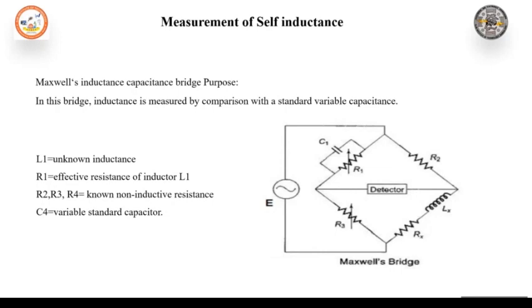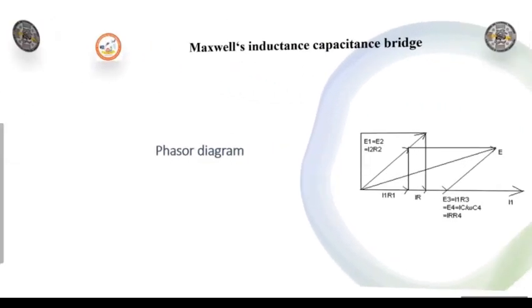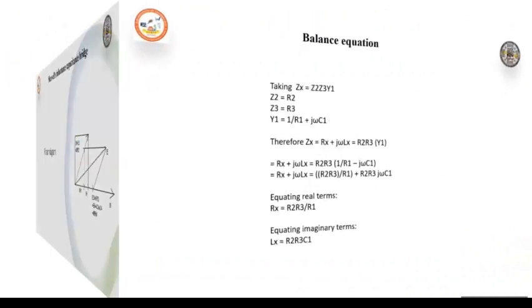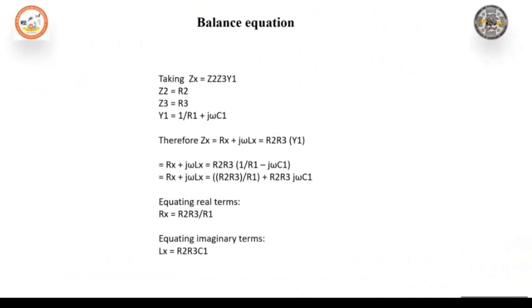The general bridge balance equation is Z1 into Z4 is equal to Z2 into Z3.